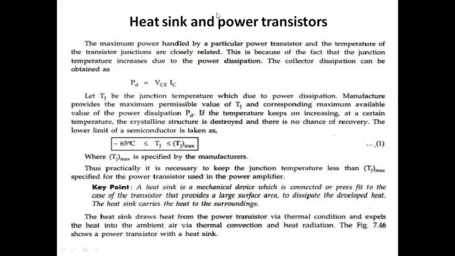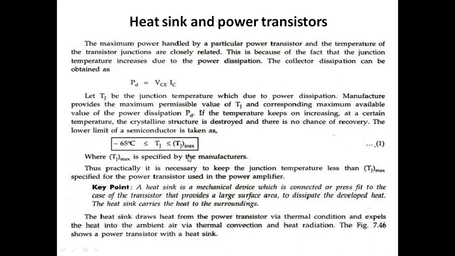So for every power transistor there is a limit of power, that is, junction temperature as well as power dissipation. The limit for the semiconductor or the transistor is minus 65 degrees centigrade less than or equal to Tj less than or equal to Tj max. These are the minimum and maximum values of junction temperature, and Tj max is specified by the manufacturer.